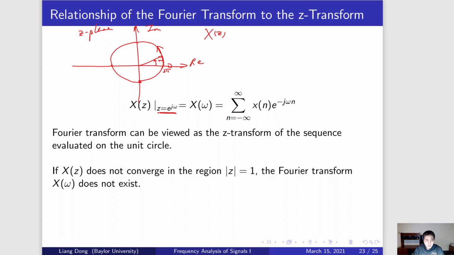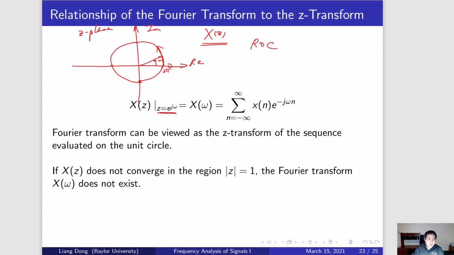If X(z) does not converge in the region |z| equal to 1, the Fourier transform does not exist. So when we talk about the Z-transform, there's an issue of region of convergence. If the unit circle is in the region of convergence, then the Fourier transform exists, and we can talk about this relationship. It's a very special case.